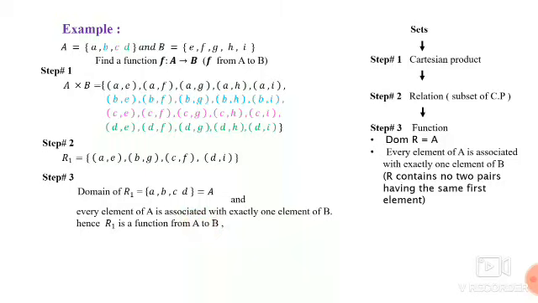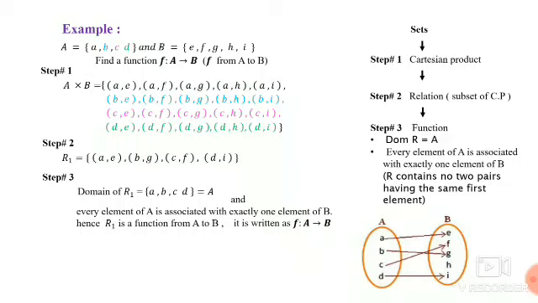So the second condition is also satisfied. So the relation which we have considered is actually a function from A to B. This is a diagram in which we show the ordered pairs.